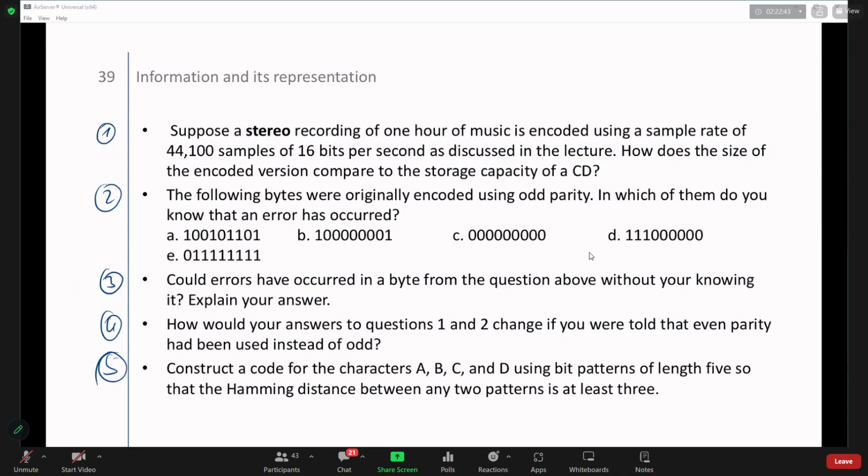So is it possible that there is an error that you did not notice, or is it not possible?